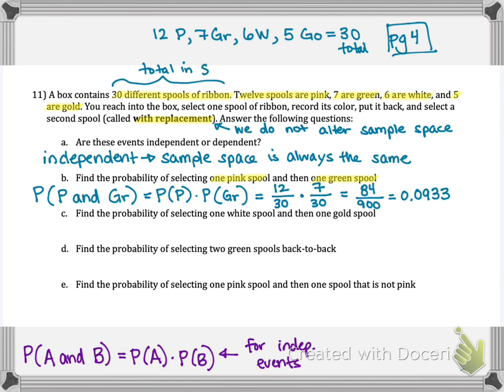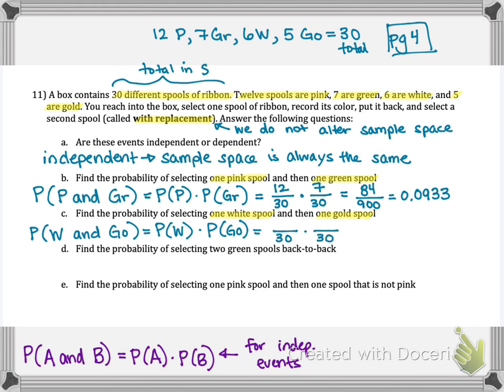Now it says find the probability I select 1 white spool and then 1 gold. So this is very similar to part B. 2 different colors. It says white and then gold. So this would be the probability it is white times the probability it is gold. So for us, that would look like 2 fractions with 30 as the denominator.